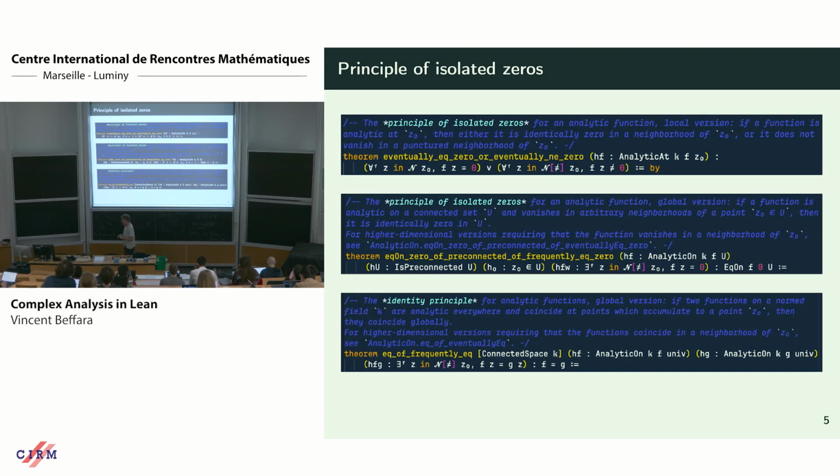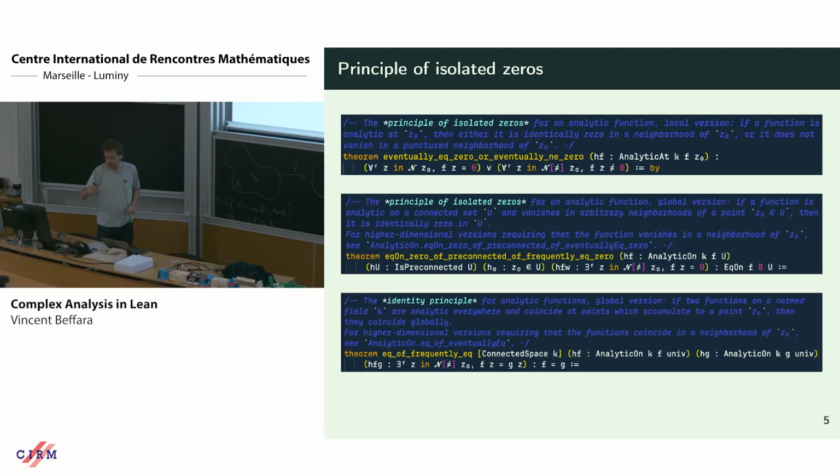But you should not be traumatized by filters, because you don't see them, essentially. Can you see the filters? So filters is this F here, right? But it means eventually.